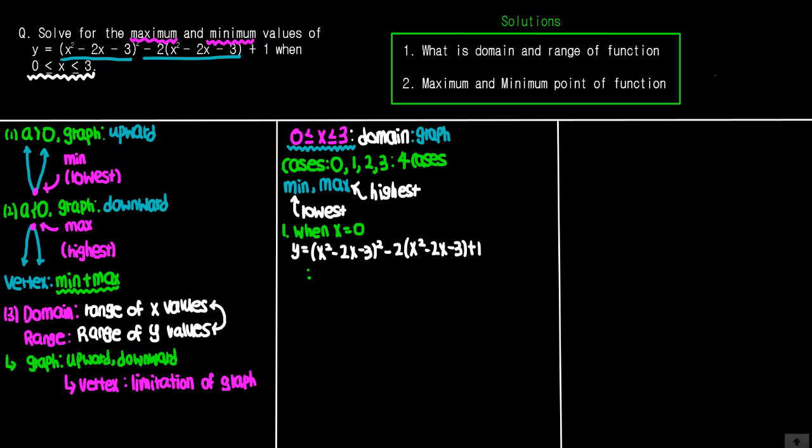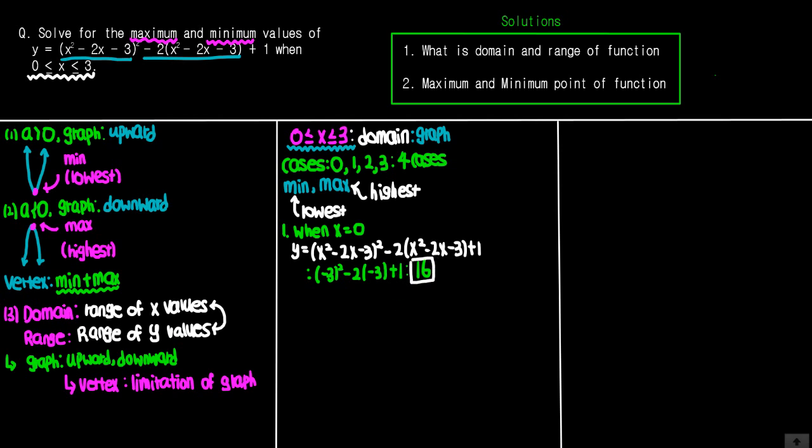So if you write that down a little bit smaller, -3 squared minus 2 times -3, and then plus 1. So -3 squared will turn to 9, minus 2 times minus 3 will turn into positive 6. So plus 9 will be plus 15, and the plus 1 will turn into positive 16. So positive 16 will be the output when x is equal to 0.